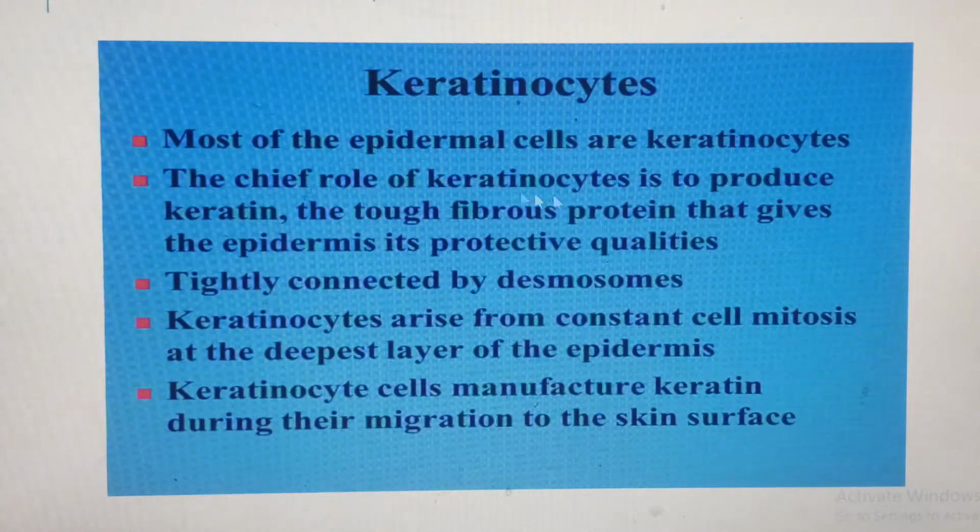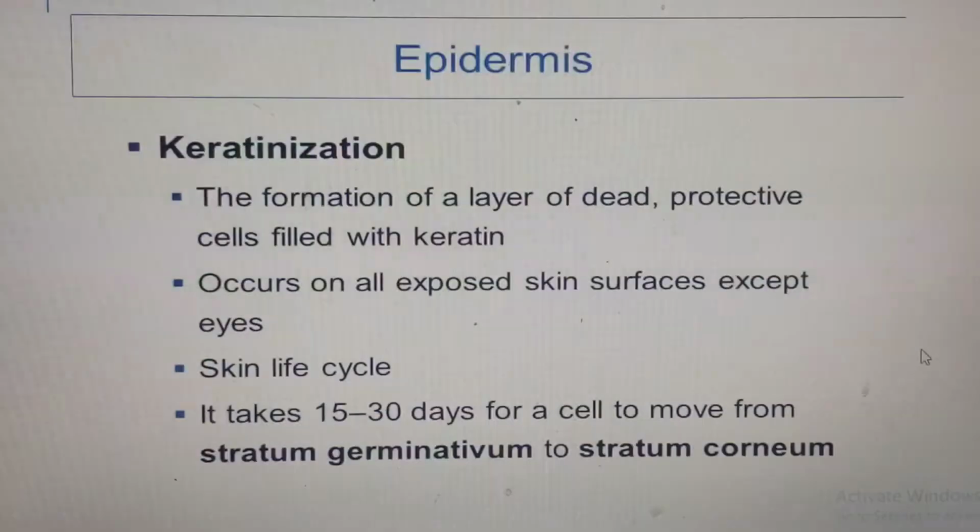Their main role is to make keratin, and it's the same keratin that is going to kill these cells. Very important. They are connected by desmosomes, those cell junctional complexes, just like the keratinocytes in the stratum spinosum. These arise from the basal layer through mitotic activity. So that is what we have to know.